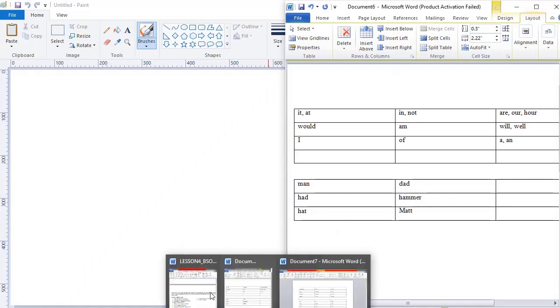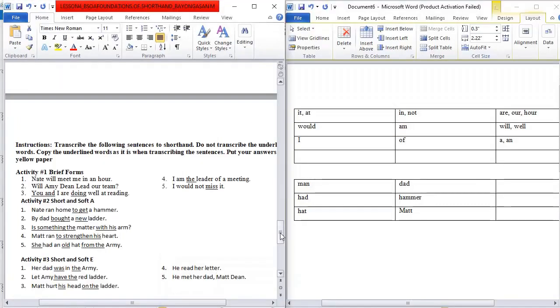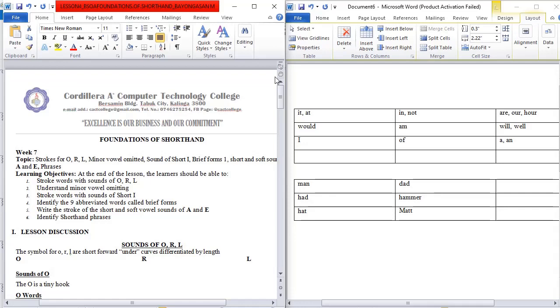Ano yung magiging unang lesson natin sa module na to? Sabi dyan sa inyong module, our lesson or topic is all about the strokes of letters O, R, and L. And then, minor vowel omitted or the omitting of minor vowels. Na-explain ko na rin yan last time. The sound of short I, words with sound of short I, words that are brief form.